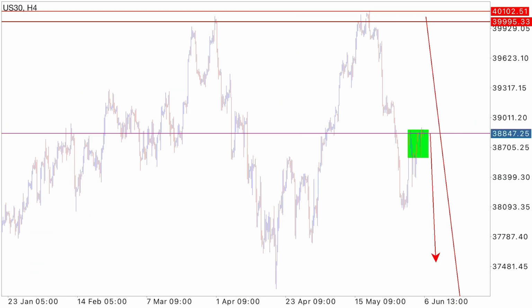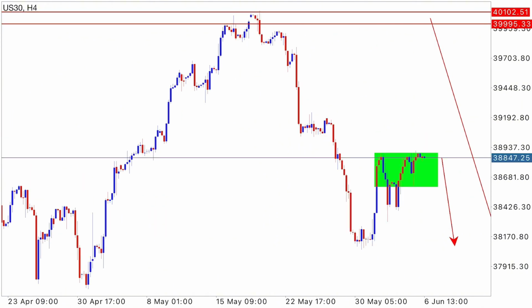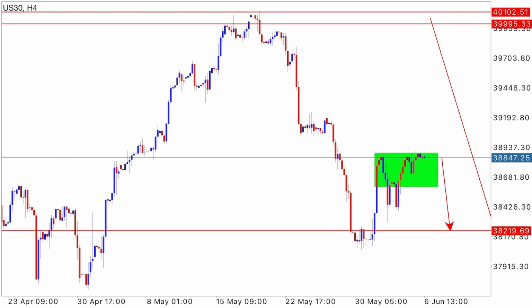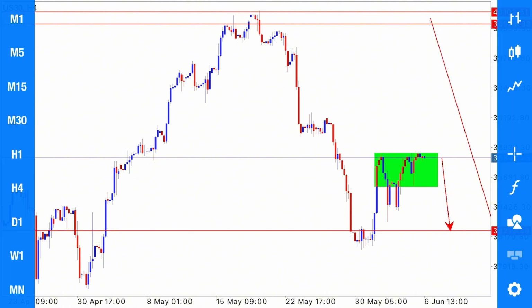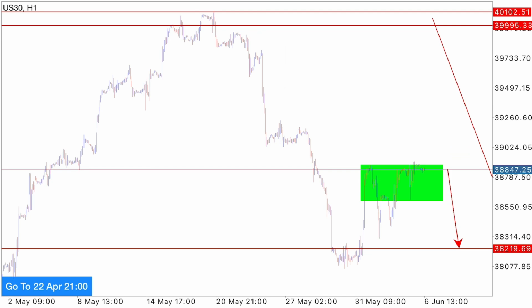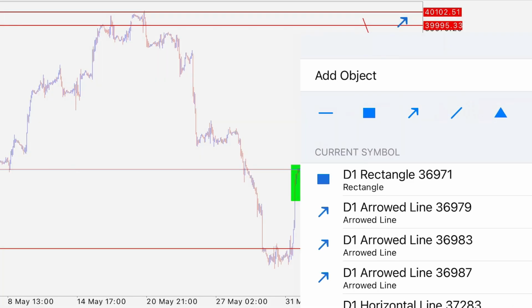So since US30 is part of the US economy, we will expect that US30 loses strength too, meaning that from this point here, I'd expect US30 to sell, and from that point there, I'd expect US30 to buy.